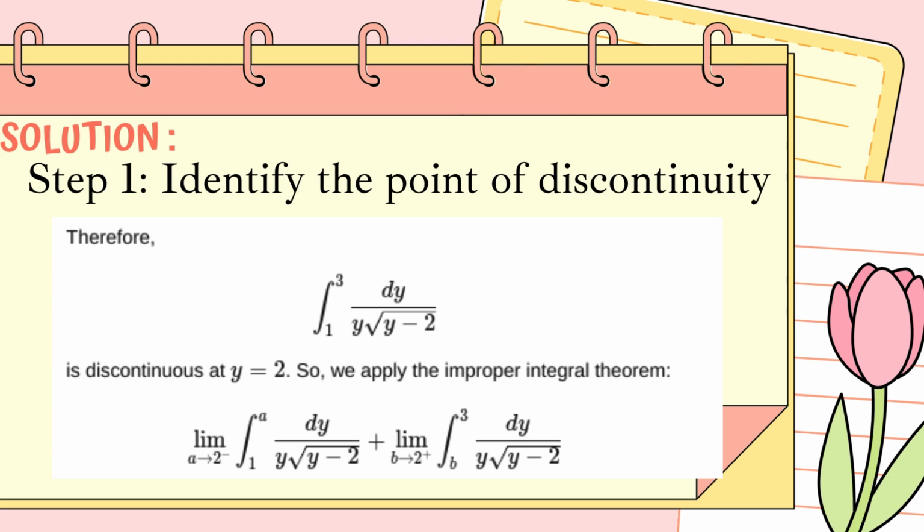So therefore, the integral of dy over y square root of y minus 2 from 1 to 3 is discontinuous at y equal to 2.